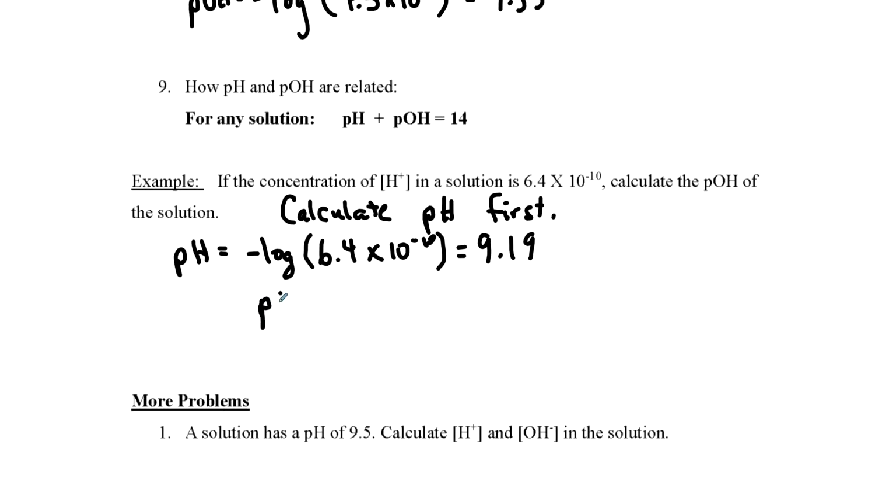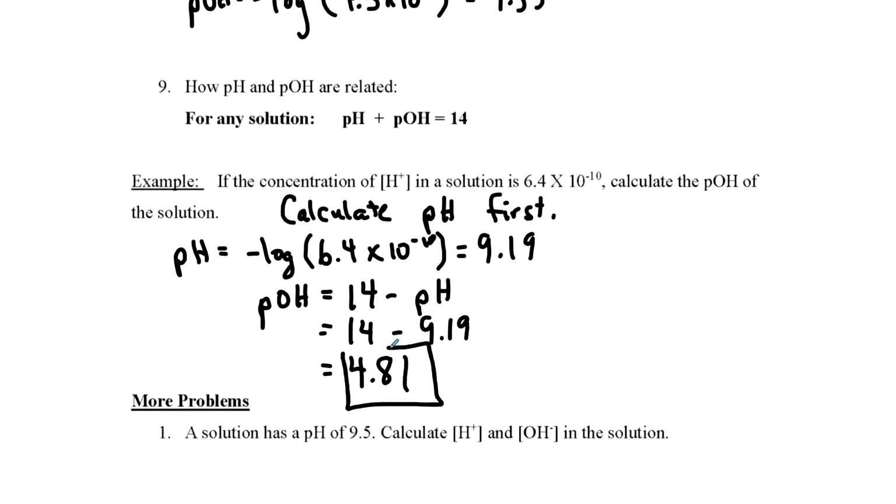So pOH is equal to 14 minus the pH. So 14 minus 9.19 is equal to 4.81. Okay, so as long as you can figure out one, you can always figure out the other just by subtracting it from 14.